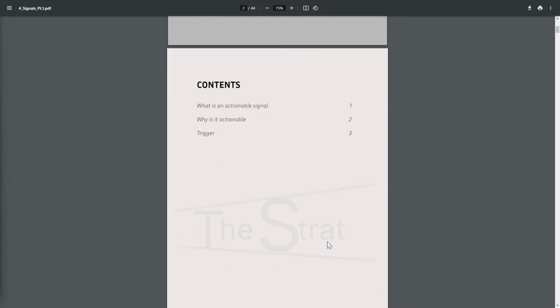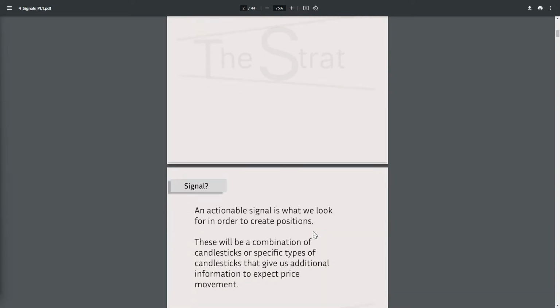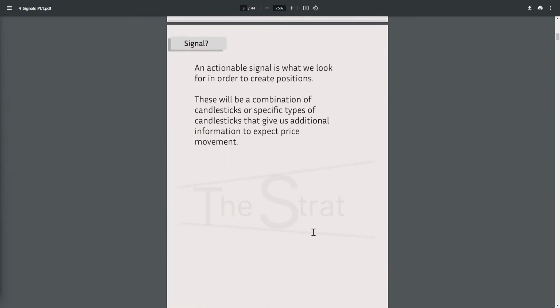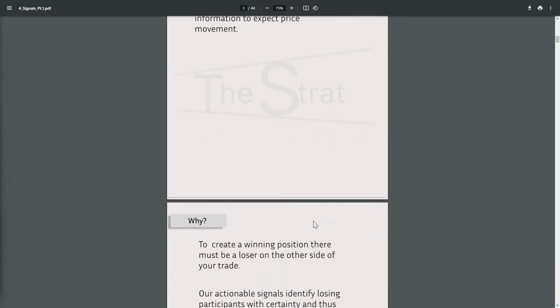Okay, so contents. What is an actionable signal? Why is it actionable? And triggers. An actionable signal is what we look for in order to create our positions. These will be a combination of candlesticks, or a specific type of candlestick, that gives us additional information to let us know that we should expect price to move.